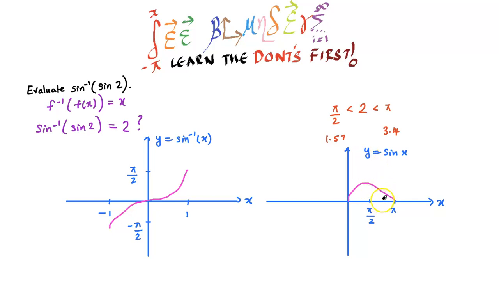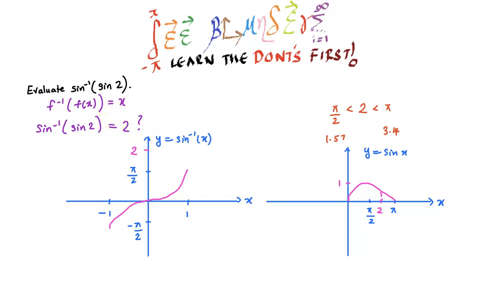So sine 2 lies somewhere here, between 0 and 1, as we would expect. When we input that to the function sine inverse x, we would expect to get some number between 0 and pi by 2. So there's no way it can actually be 2, because if you look at the y-axis, 2 is greater than pi by 2. So there's no way this can actually be true.